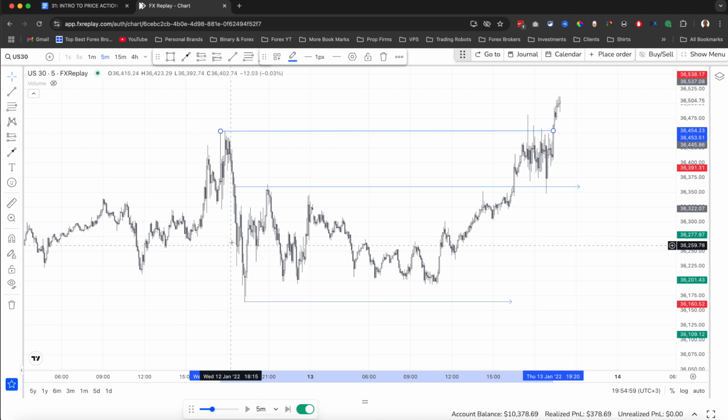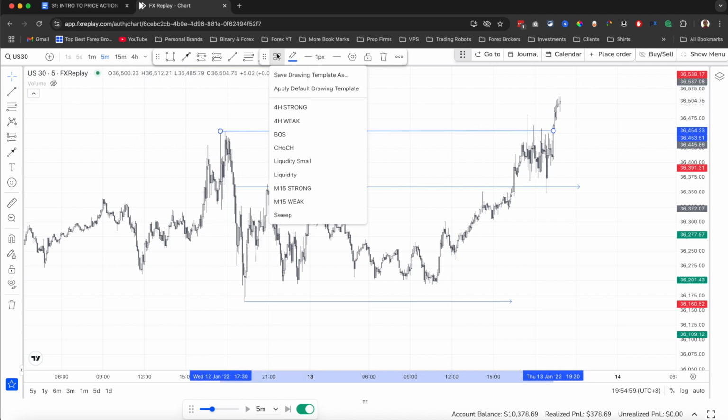So the price was just dangling in between. Okay, let me just label that.